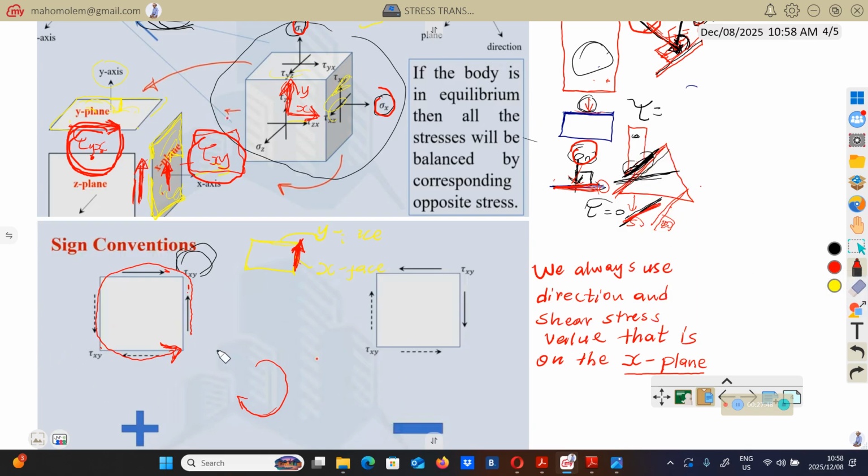Then when you move like this, it means that you will be moving counterclockwise or anti-clockwise. And then we take this counterclockwise or anti-clockwise direction as positive.